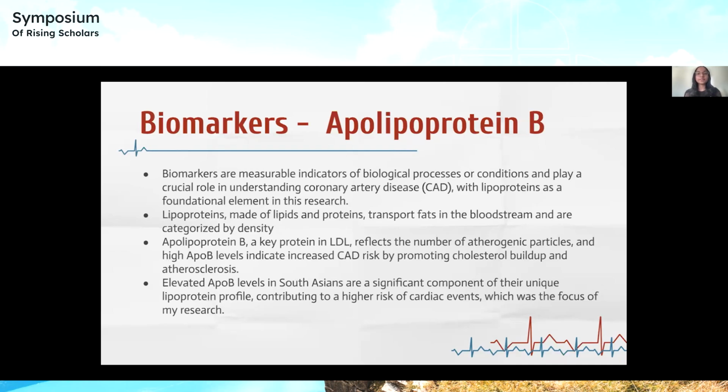Apolipoprotein B specifically is inside LDL, which is a type of lipoprotein. For every one molecule of LDL, there's also one molecule of apolipoprotein B. These ApoB levels indicate increased CAD risk by promoting cholesterol buildup and atherosclerosis. In the South Asian population, many South Asians have elevated ApoB, and that is actually what contributes to their risk of CAD, which we will explore more.